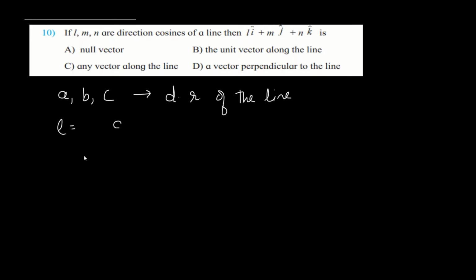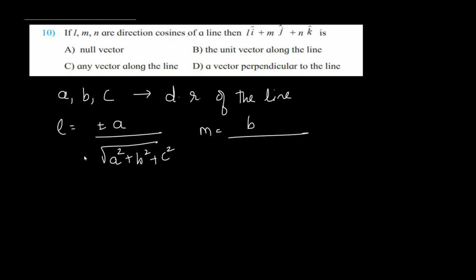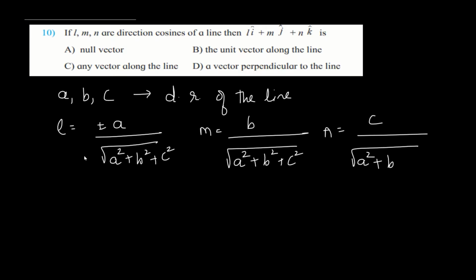That is L is equal to A upon root of A square plus B square plus C square, plus or minus is there, but then we do remember that M is equal to B upon root of A square plus B square plus C square, and N is equal to C upon root of A square plus B square plus C square, this way.